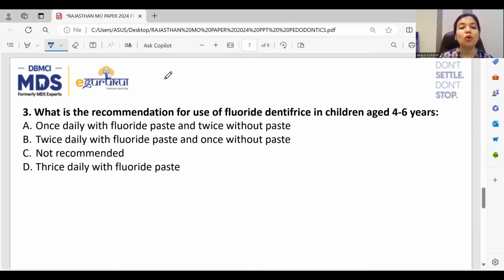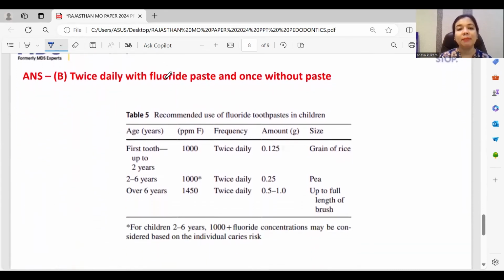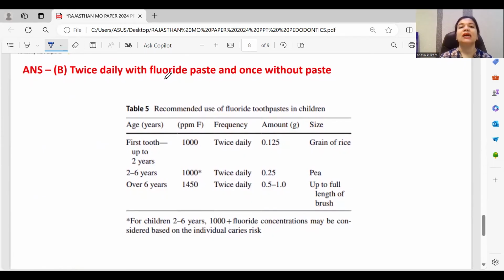So basically, when you go through the EAPD guidelines and even the AAPD guidelines, what they say is a child needs to brush with a fluoride toothpaste twice in a day. According to the EAPD guidelines, from when the first tooth erupts up till the age of 2 years, the patient is supposed to brush twice.